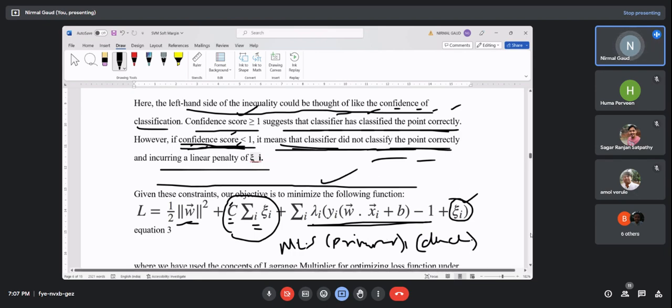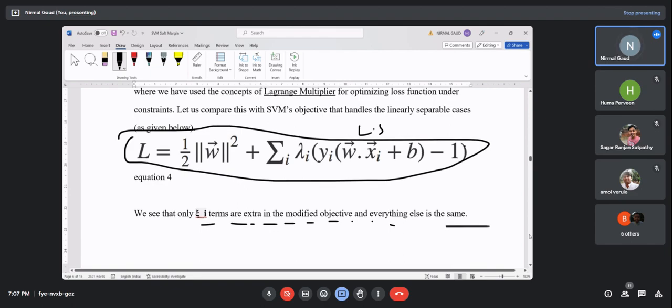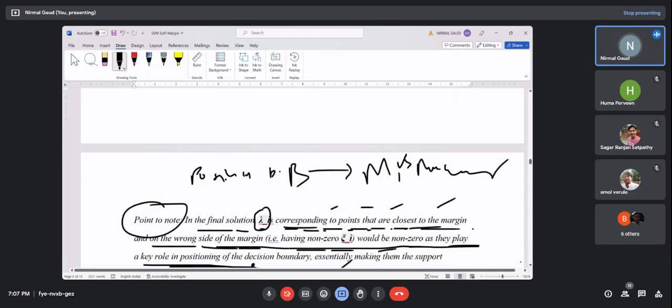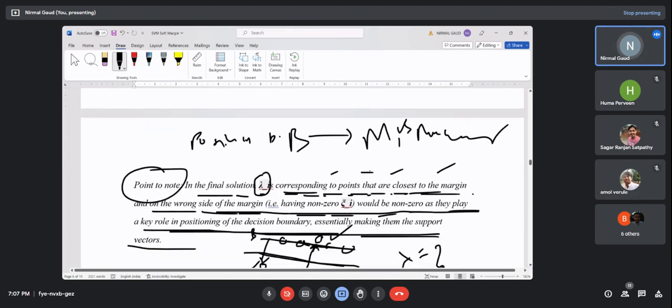Whatever value of lambda you achieve after solving the equation corresponds to the points which are closer to the margin. Accordingly we have to decide the support vectors, and they will play an important role in positioning of the decision boundary.